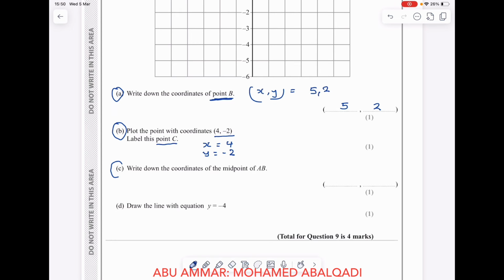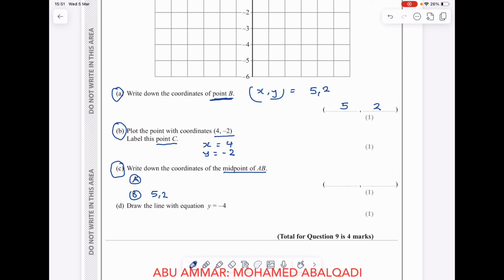In question 9c, we are asked to write the coordinates of the midpoint of A and B. In order to work out the coordinates of the midpoint of A and B, we need to know the coordinates of point A and the coordinates of point B. We already know the coordinates of point B from our answer to question 9a, which is (5, 2).